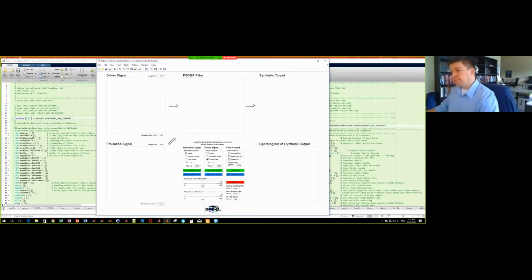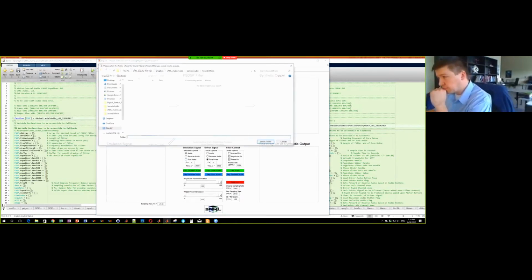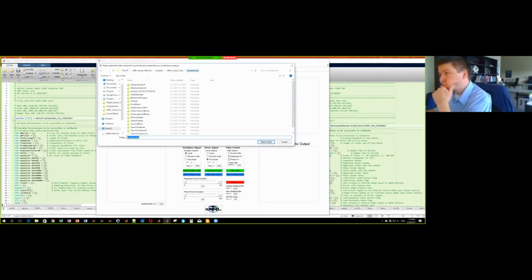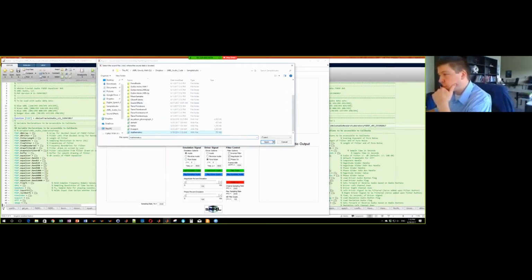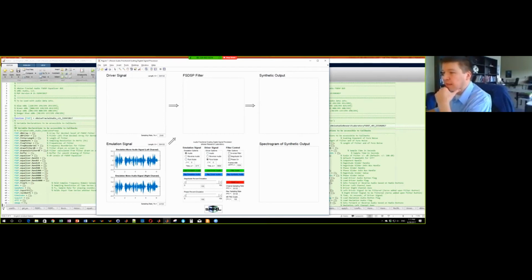Okay, can you see that? All right, so right now I will load an audio signal. And this is going to serve as my emulation signal. So this is going to be the signal that I'm going to try to emulate.